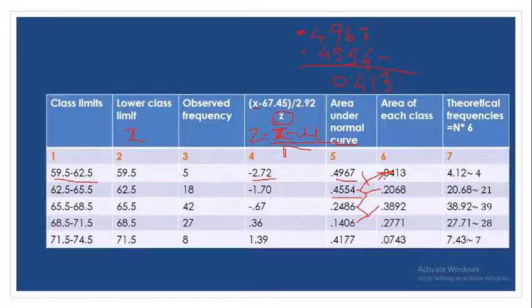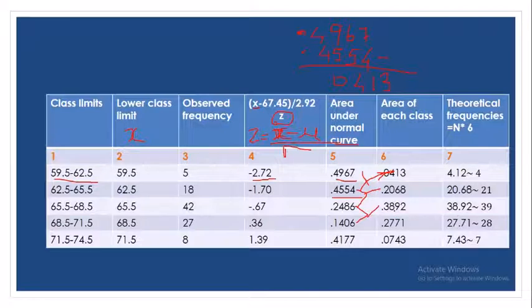So I'm going to multiply 0.0413 into 100, so that I get 4.13, which is approximately equal to 4. I multiply this value into 100, I get 20.68, which is approximately equal to 21.